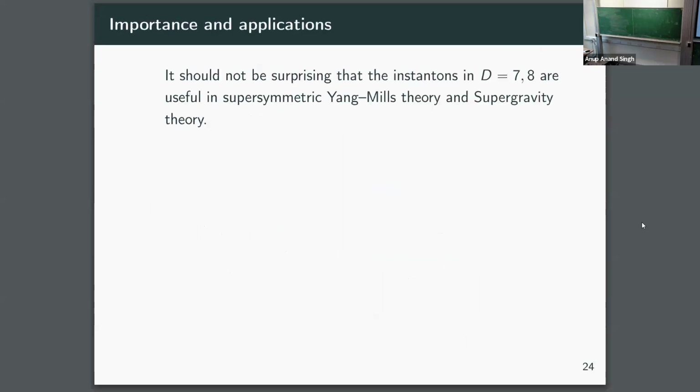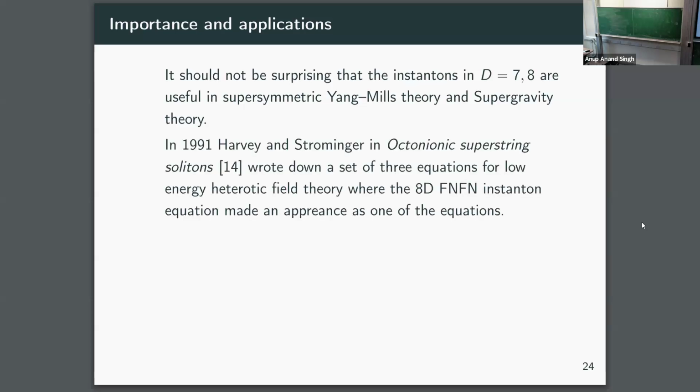And it should not be surprising to you that this instanton should have applications in supersymmetric Yang-Mills theory and supergravity. So in 1991, Fairlie and Strominger wrote this paper, Octonionic superstring solitons. They wrote down a set of 3 equations, and one of them was this equation.